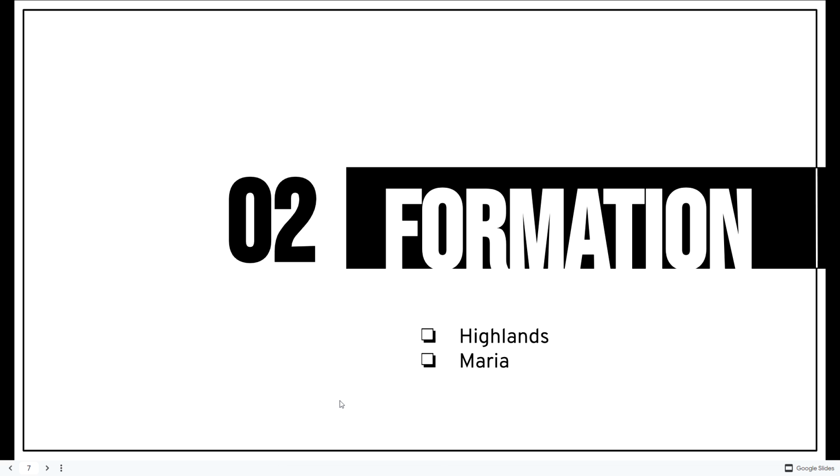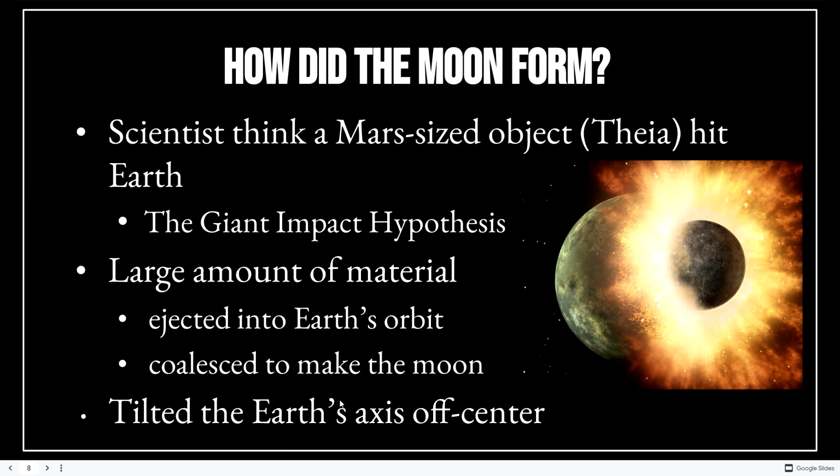So how did the moon form? The going theory is that an object roughly the size of Mars that they named Theia came into contact with the Earth. So it smacked into the Earth, and when it hit, it caused a large amount of material to be ejected from the surface of the Earth.